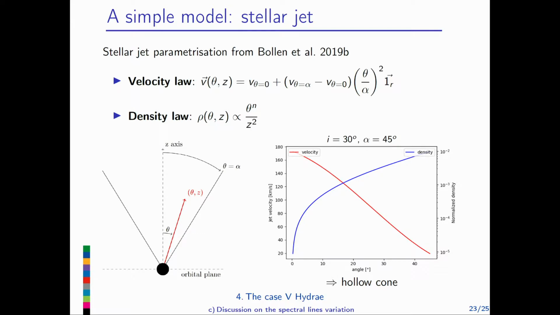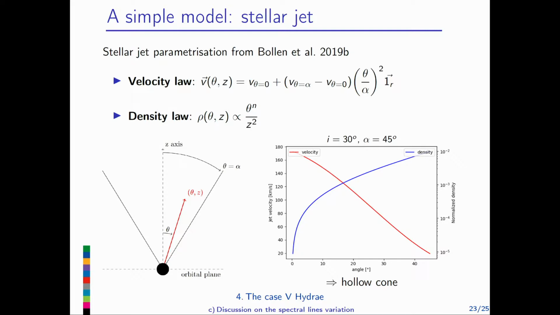And the density law follows an opposite behavior, being really null around the axis, and the density being higher at the edge of the cone. So in a sense, we have a hollow cone with high density at the edge and lower density at the axis.